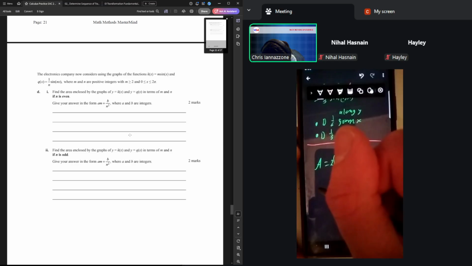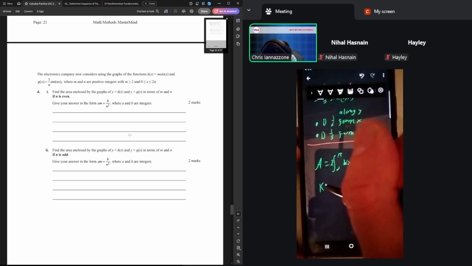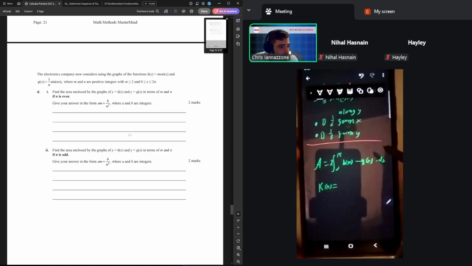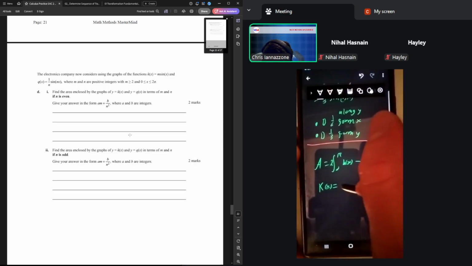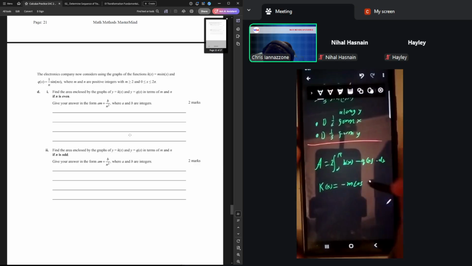So let's go capital K of x, so sine anti-diffs to negative cos, so we're going to have negative m cos x.